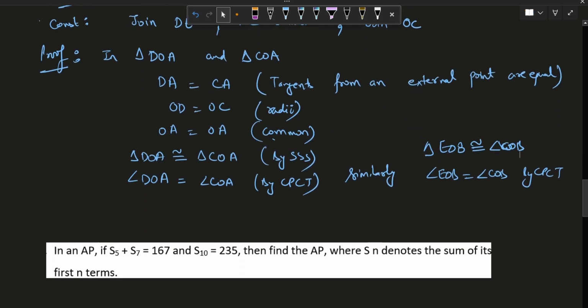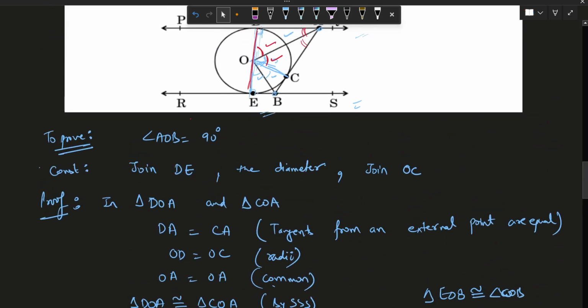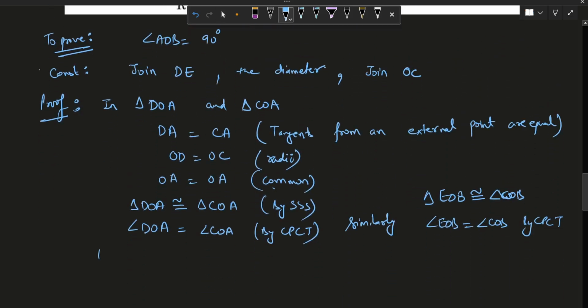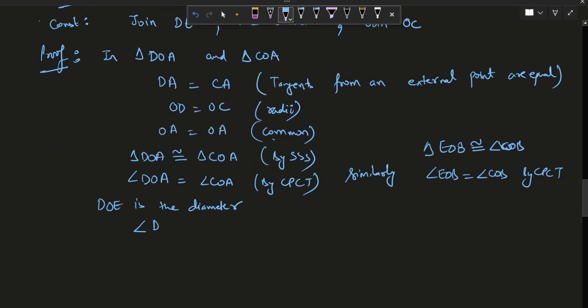Same way. Now when the two angles are equal, what will we do? Now consider DOE. DOE is the diameter. Yes, this line. So angle DOA plus COA plus EOB plus COB, that's 180 degree.